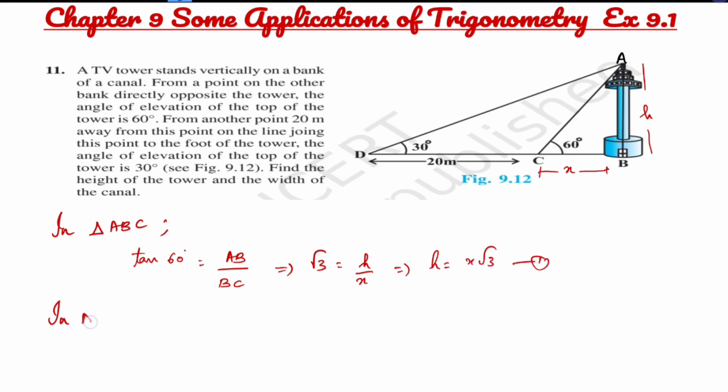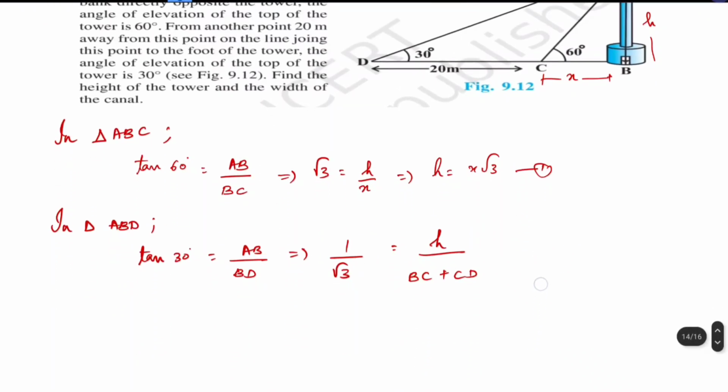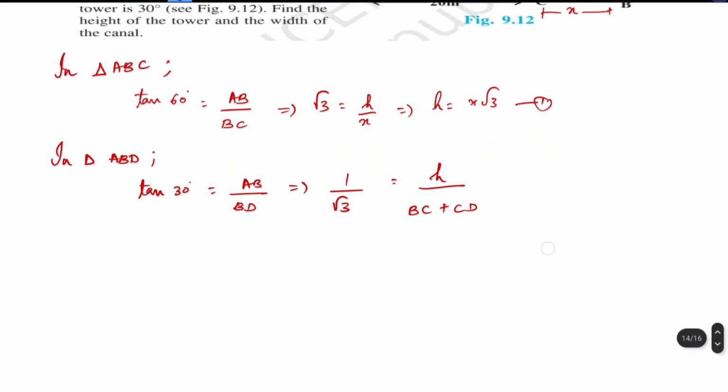Now consider triangle ABD. That is tan 30 is equal to AB by BD, which gives us 1 by root 3 is equal to h by BD, which can be written as BC plus CD. From the question we know CD is 20 meters and we have taken BC as x meters.